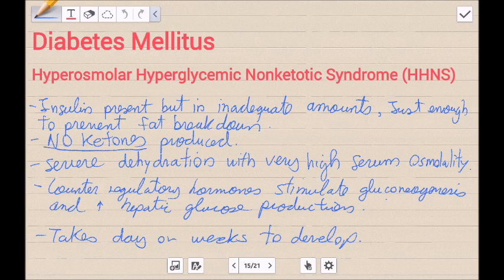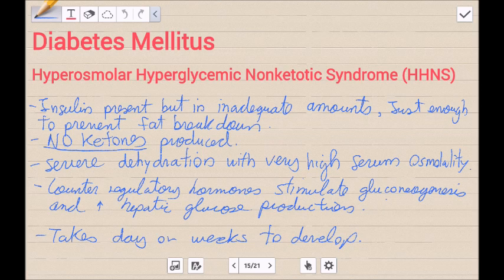So this leads to a vicious cycle where the body keeps producing more sugar, producing more sugar, in this loop that leads to very, very high blood sugars, but is characterized by no ketones being produced. That is the difference between this and DKA. It causes severe dehydration with a very high serum osmolality because of the high amounts of sugar in the blood.